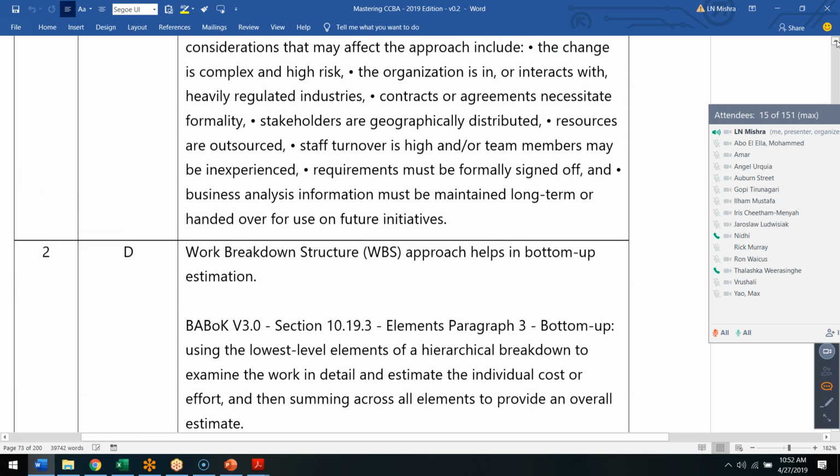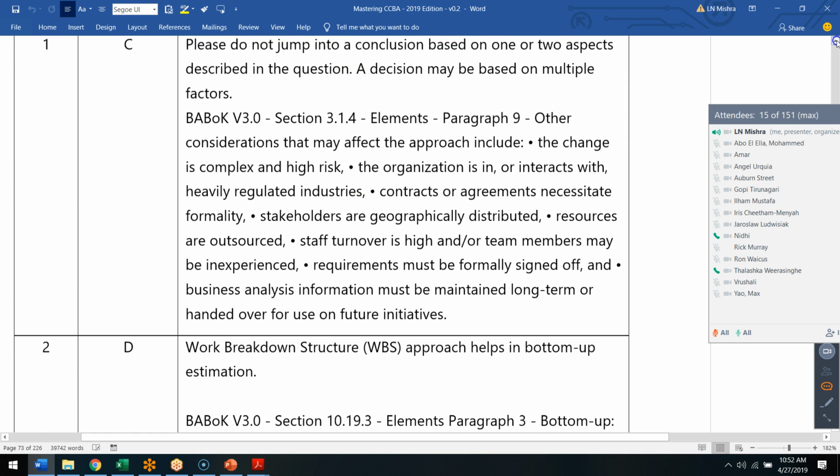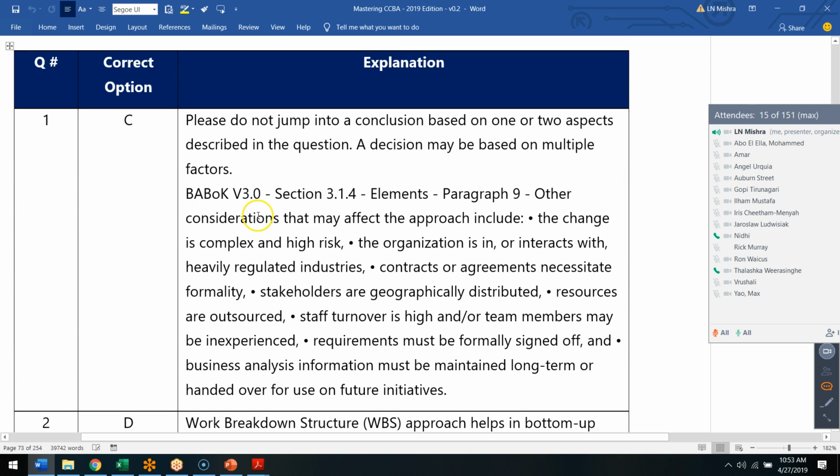Whoever is creating questions for IIBA, they have to very clearly mention where it appears in BABOK. That is why all the questions need to have a reference to BABOK. So if something is not mentioned in BABOK, it's not something that you should accept as an option.